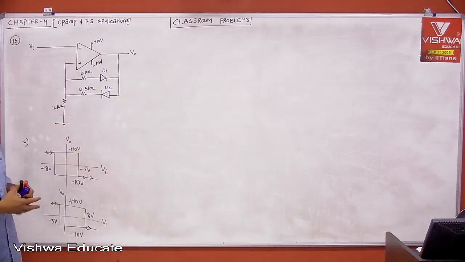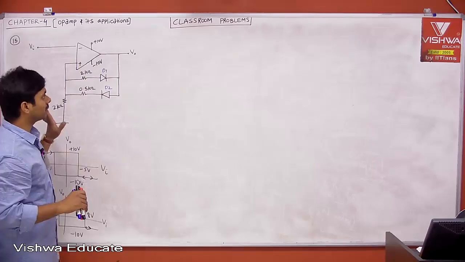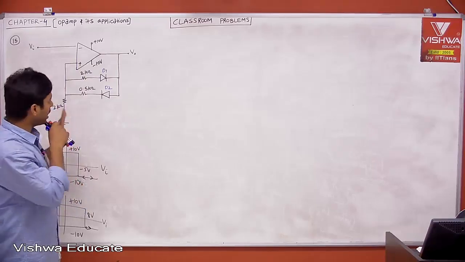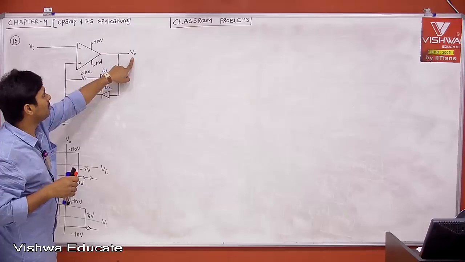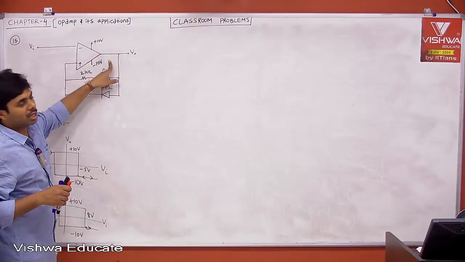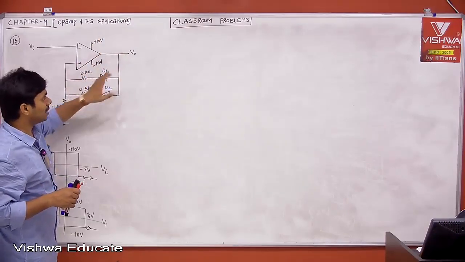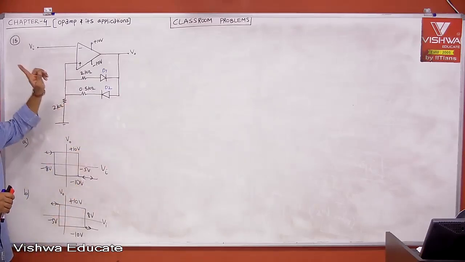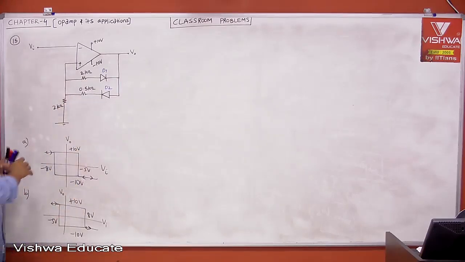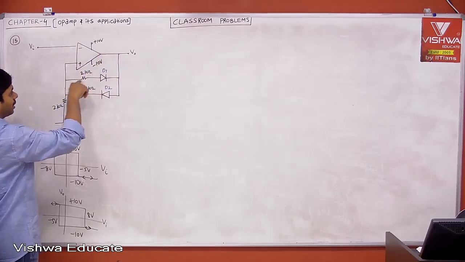Right? Why? Let us say both are not conducting. If both are not conducting, then it is open loop, then comparator, then your output voltage will be either plus 10 or minus 10. If the output is either plus 10 or minus 10, definitely one of the diodes will be conducting, no doubt about it.